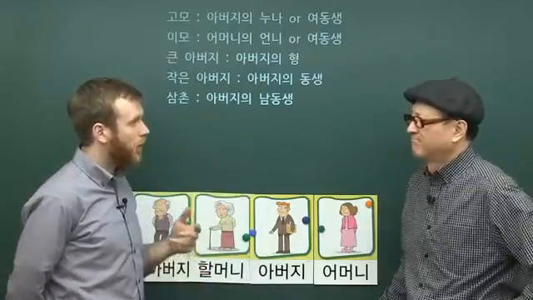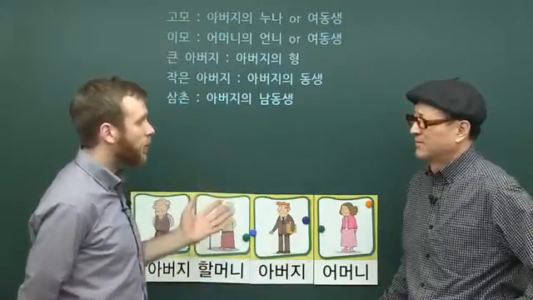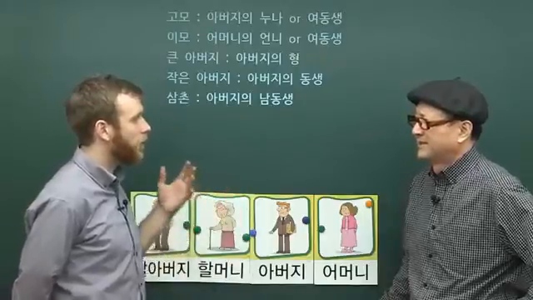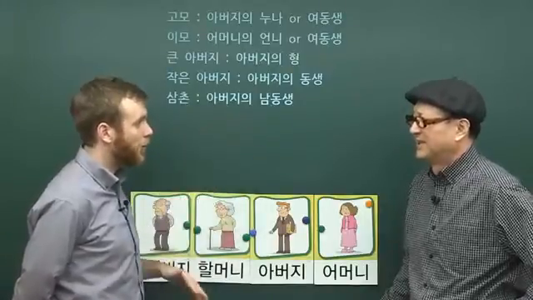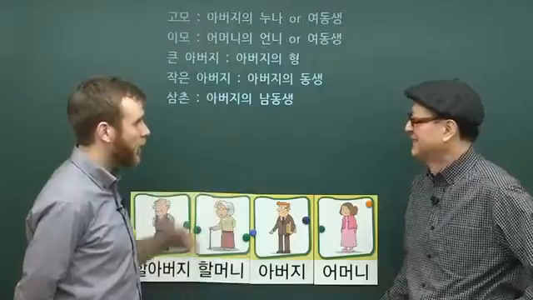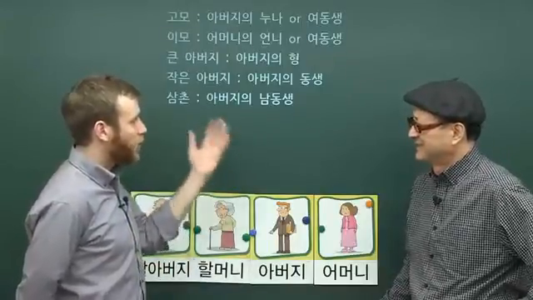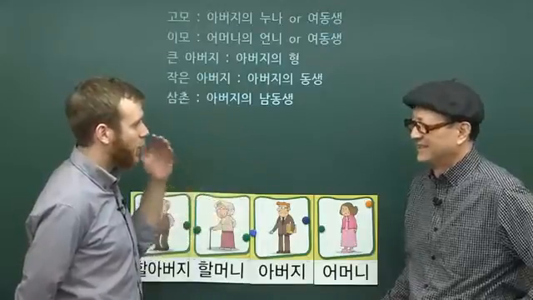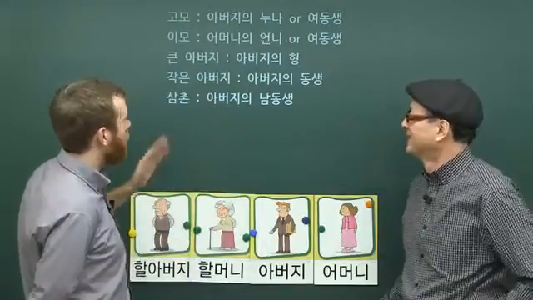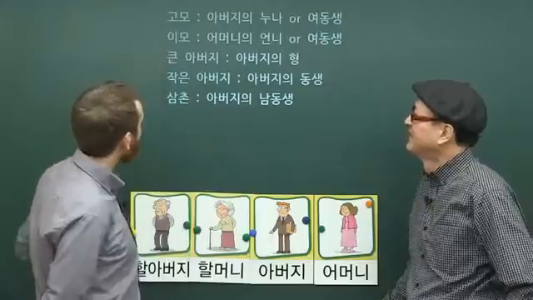It doesn't matter if it's my father's side or my mother's side, if it's my father's older brother or younger brother or older sister or younger sister, or even if it's my father's brother's wife or my father's sister.